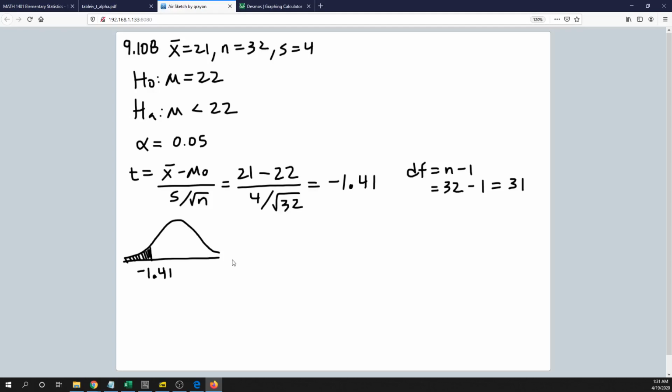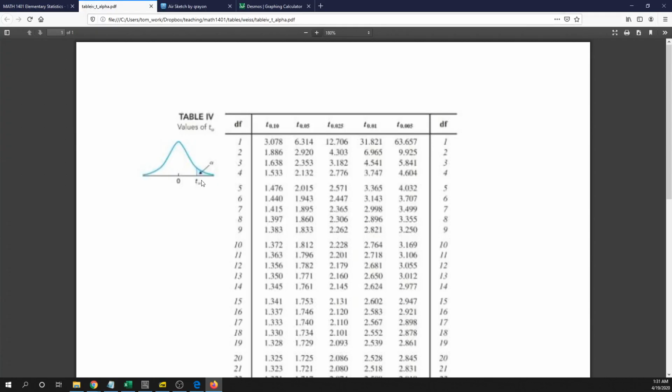First thing to know is that this t distribution, this t curve, just like the normal curve, is symmetric about the mean, which is 0 here, okay?